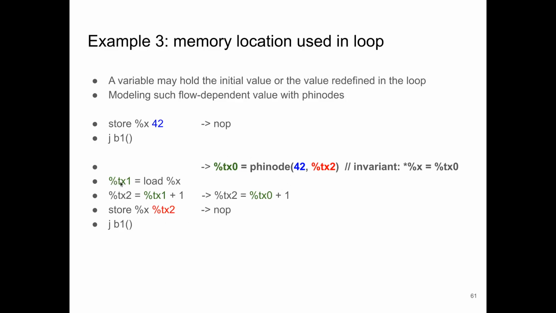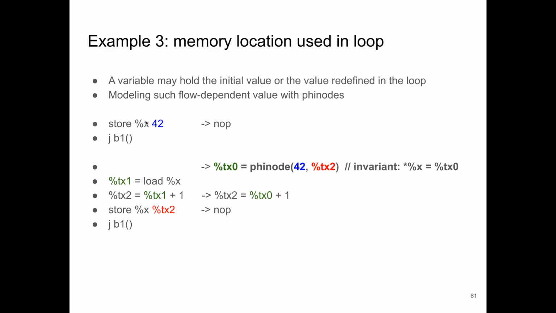And next, tx1 is loaded from x, and we can see that as an invariant, tx1 should be the same as tx0 here. As a result, this tx1 used at the next line is replaced with this tx0, which is the result of this phi node.